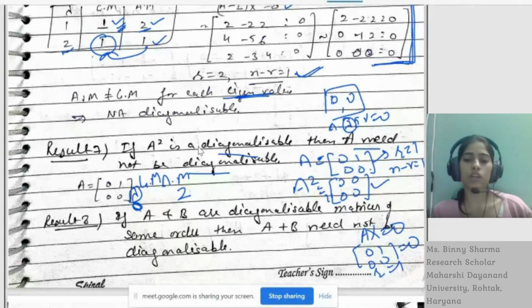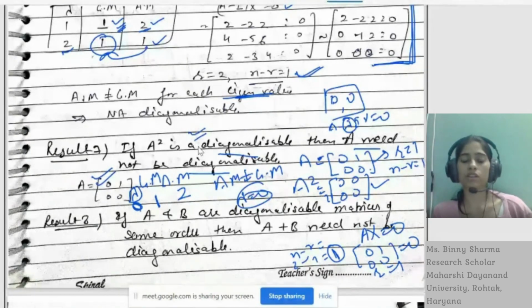Rank is 1 and nullity is 2 minus 1 equals 1. Geometric multiplicity will be 1. So here AM is not equal to GM for eigenvalue 0. So A is not diagonalizable, but A square is diagonalizable. So result 7 says if A square is diagonalizable, then A need not be diagonalizable.